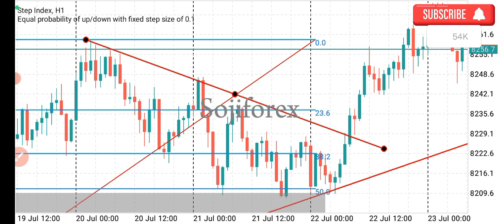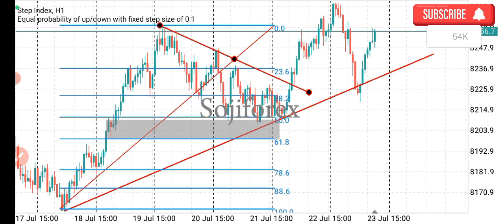And as you can see, this is as well a bullish flag pattern, which is a continuation signal for a buy.